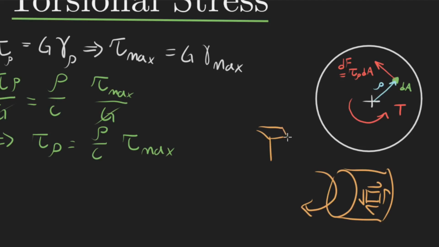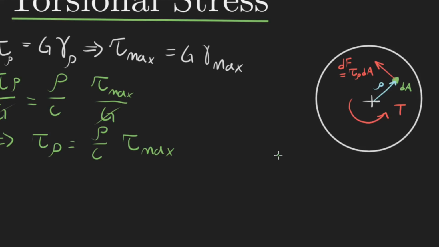So if I draw a 3D stress element, where this shear right here is on this area right here, this area is the cross-sectional area that we're looking at. So when we say shear times dA, this is the shear we're looking at, and this is the dA when we look at the cross-section.